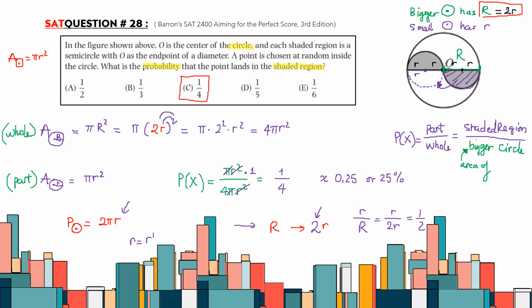But we're talking about the area. So the power here from the radius is square, so it means you have to square it.